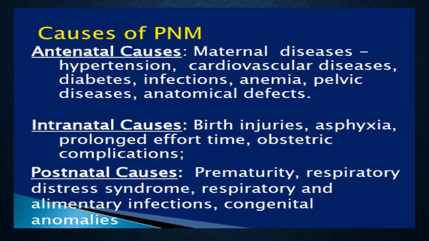So it's a very good reflector of the health care during delivery. Postnatal causes are more of concern to the neonatologist. They include prematurity, respiratory distress syndrome, respiratory and alimentary infections, and congenital anomalies.